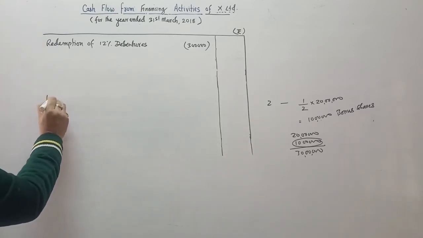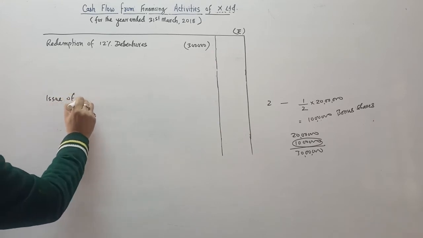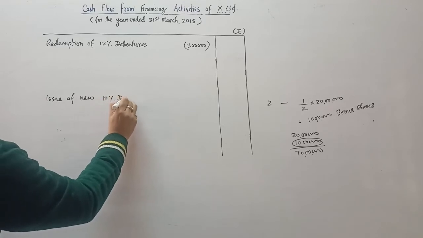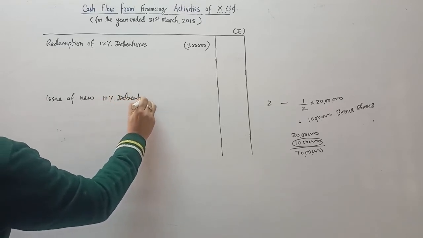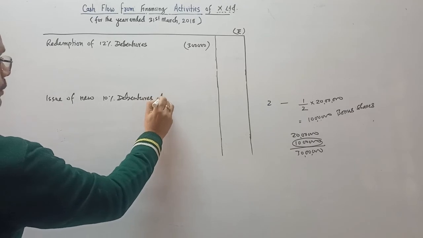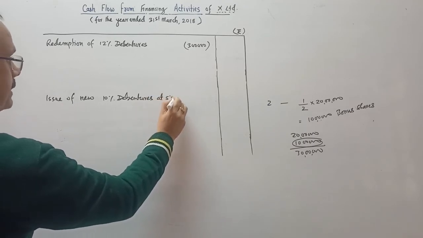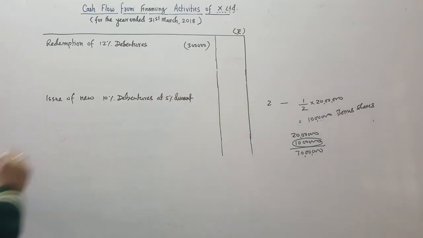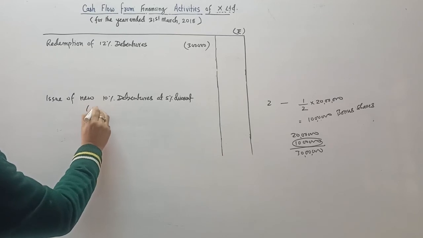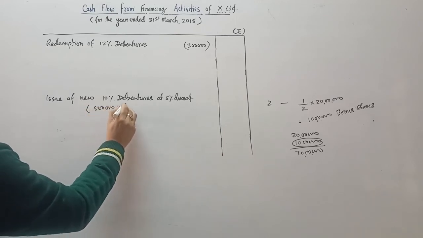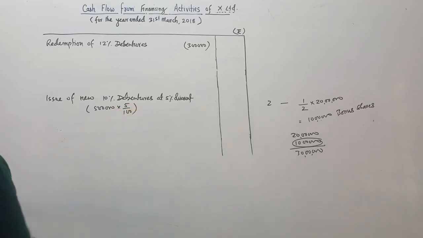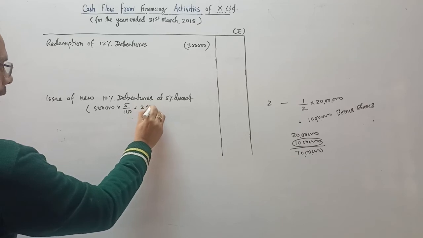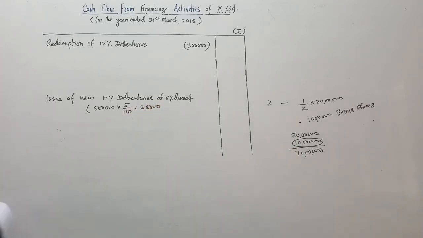The debenture is of 5 lakhs, and when it is issued at a discount of 5%, the discount amount is 25,000.